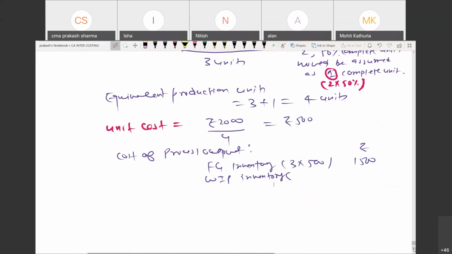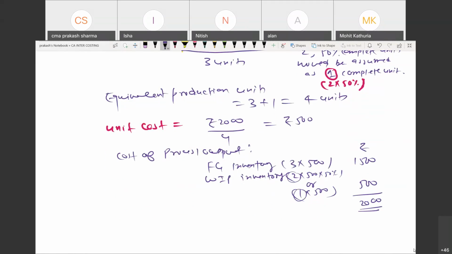So you would say 2 into 500 into 50%, or you would write 1 into 500, because these two units were equivalent to one complete unit. So it becomes 500. So total cost would be 2000.